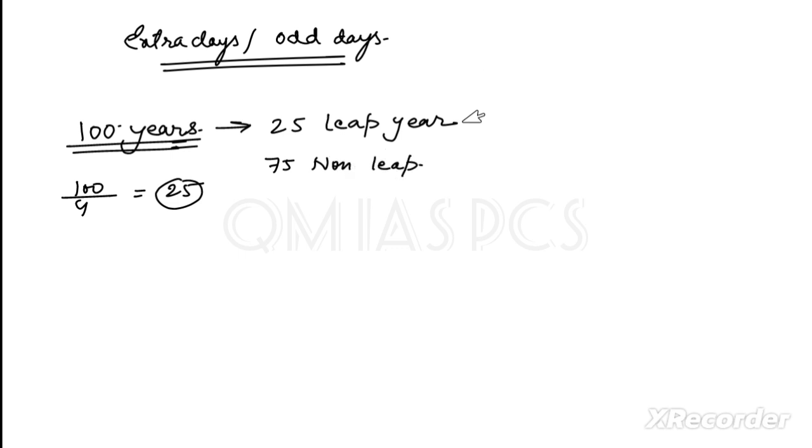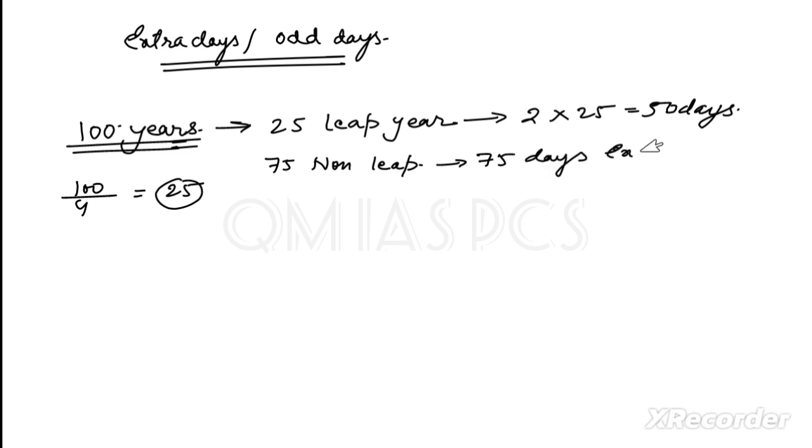So 25 leap years means 2 days extra each. 2 days multiplied by 25, that means 50 days extra. And for 75 non-leap years it will be 75 days extra. So the total will be 75 plus 50, which is 125 days.